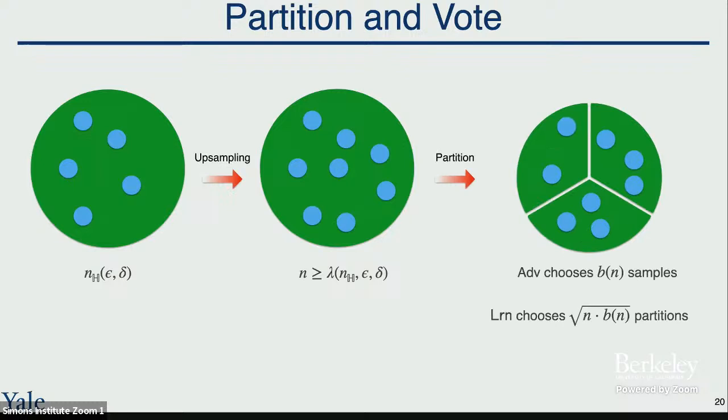And then we are going to partition. It's a deterministic partition. The adversary chooses a number of data points to change the labels. And the number of partitions is going to be the square root of n times bn. This is the total number of partitions that we are going to have.